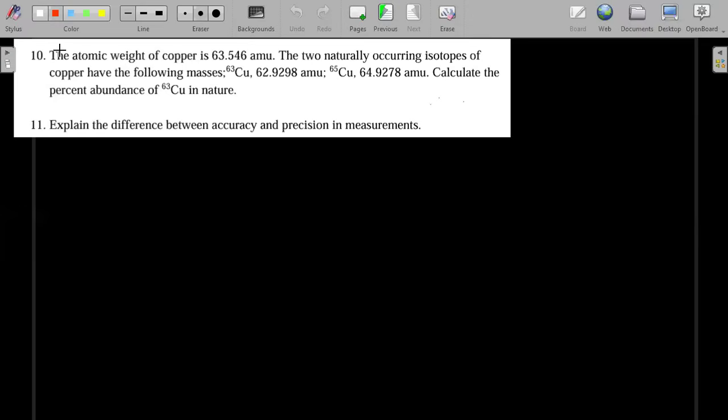Question 10 says the atomic weight of copper is 63.546. This is the same as the relative atomic mass, or you can say the average atomic mass: 63.546 atomic mass units.